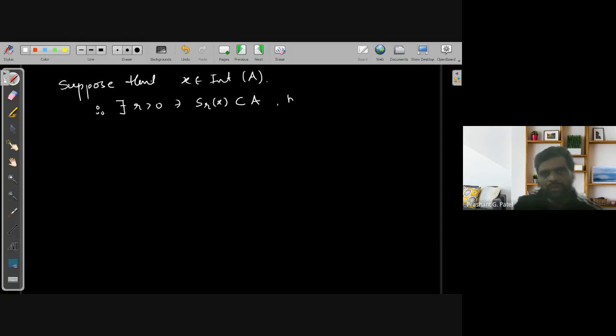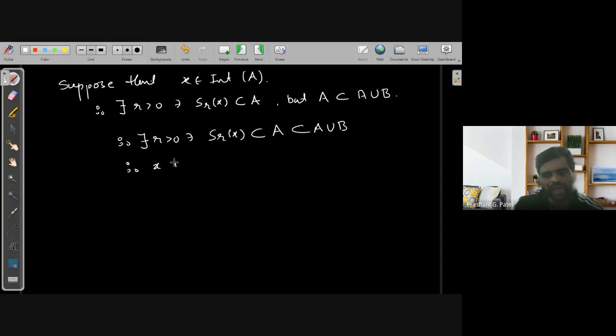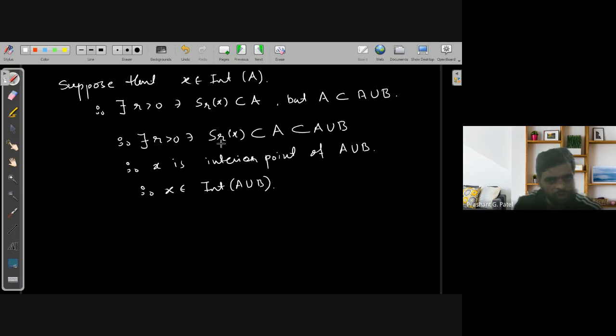But we always have A is a subset of A union B. Therefore we can say that there exists R greater than 0 such that S_R of X will be a subset of A union B. So from this I can say that X is an interior point of A union B. Therefore X belongs to interior of A union B. And similarly, if X belongs to interior of B, then also we have the same situation.